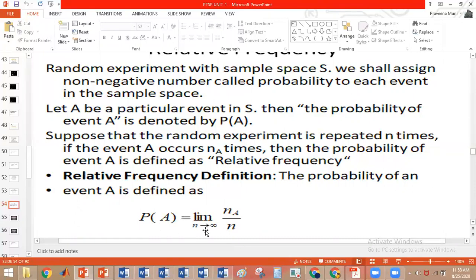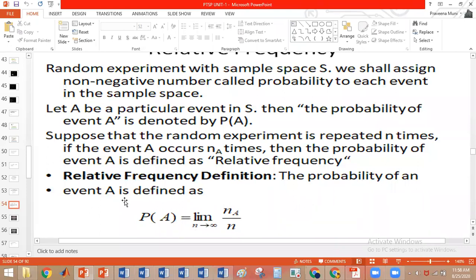For example, if the experiment is tossing a coin and I check for head, I will get probability equal to 1 by 2. If you increase the number of times, you will get the same probability that we defined in the previous cases, if you conduct the experiment an infinite number of times.